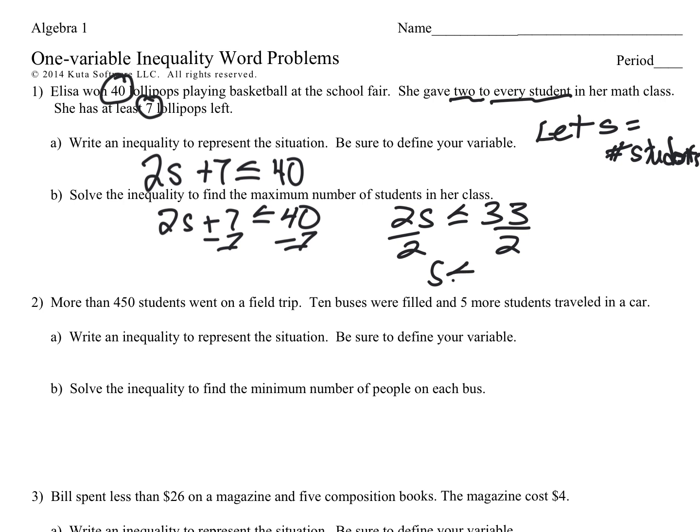S is less than or equal to, now this one's going to end up being 16.5. And since we're talking about a number of students, we can't have 16.5. If we rounded up to 17, we would be using too many lollipops. So we have to round down to 16. So my answer is going to be 16 students. She might have a lollipop left over for herself.